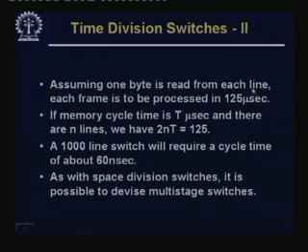Now, just one more thing: assuming 1 byte is read from each line, each frame is to be processed in 125 microseconds. Remember how this 125 microsecond comes about? Remember we talked about the voice channel, and each voice channel requires a capacity of 64 kilobits per second.